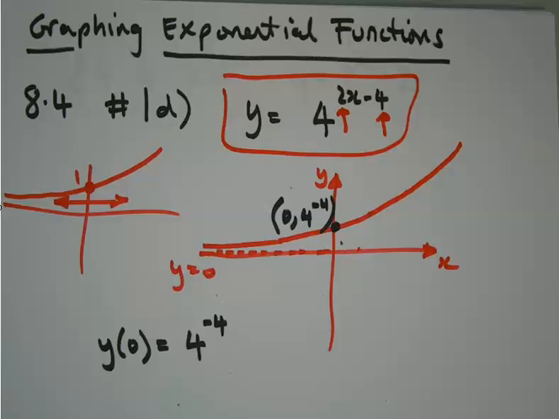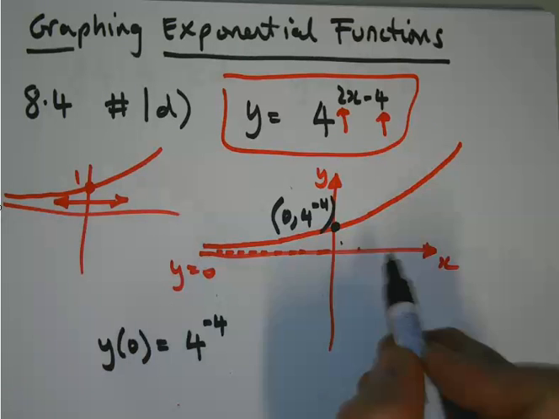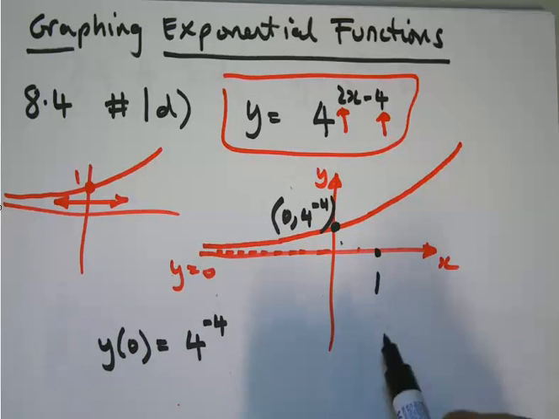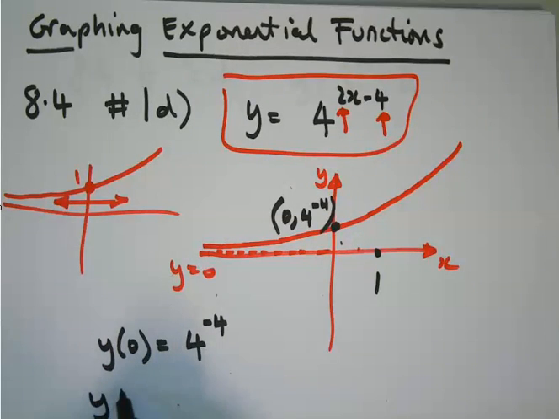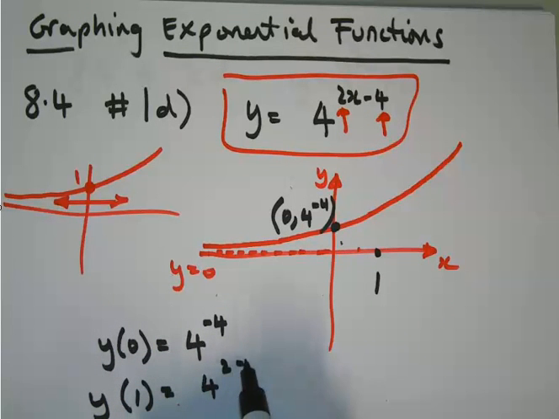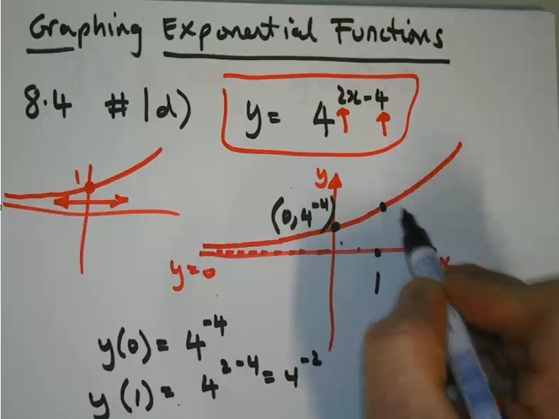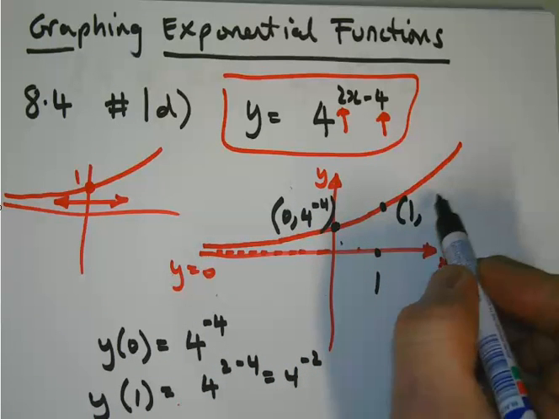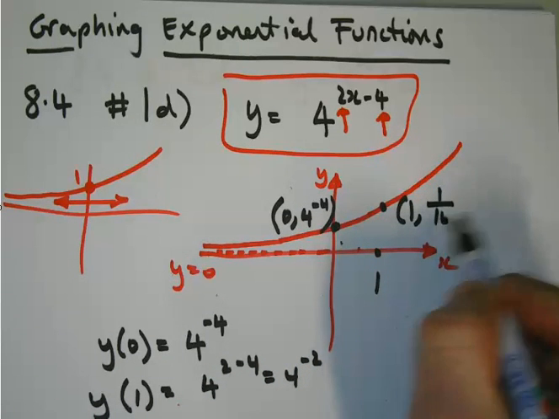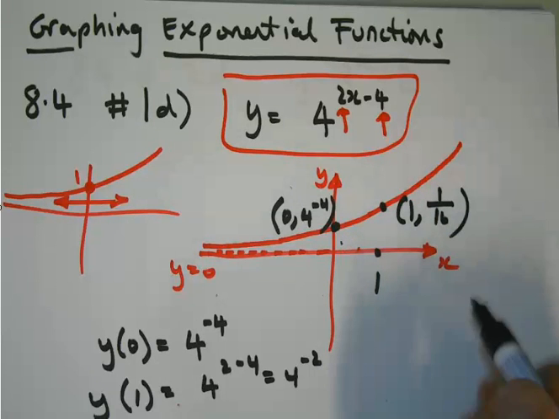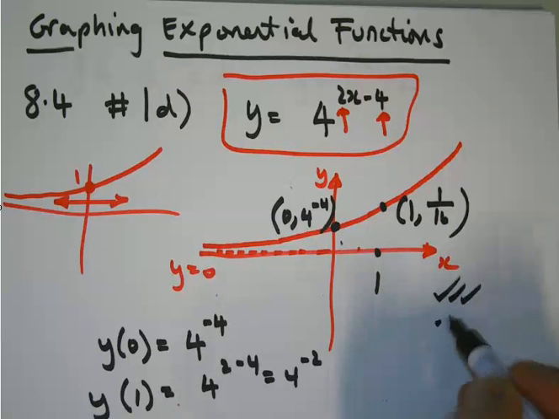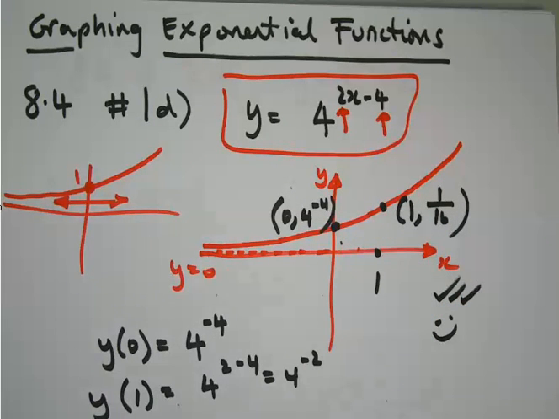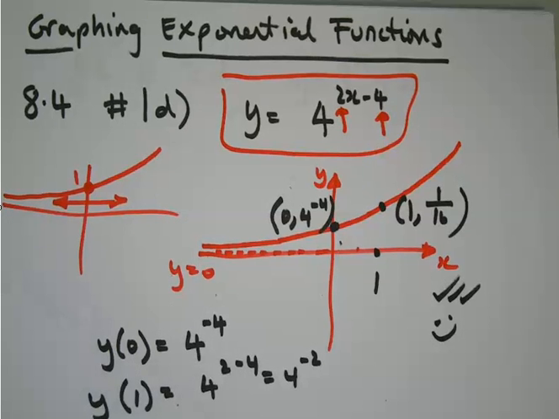I'd like to choose another point. The other point that I'll choose is when x equals 1. So y of 1 equals 4 to the 2 minus 4, or 4 to the minus 2. So there's my second point at 1, and 4 to the minus 2 is 1 on 16. There's my graph of that first one, which is 1d.